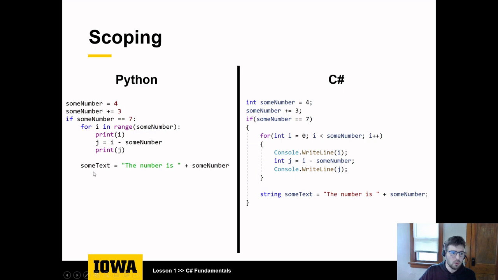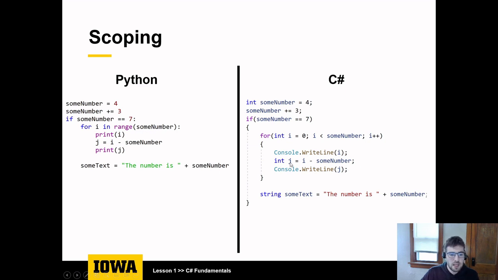But in C#, we don't use indentation as a means for scoping. We use the curly braces. So some number is outside of everything, so it is accessible to all the stuff inside.